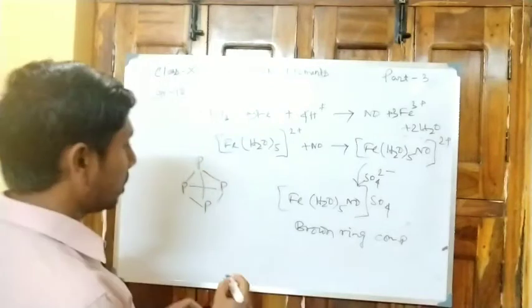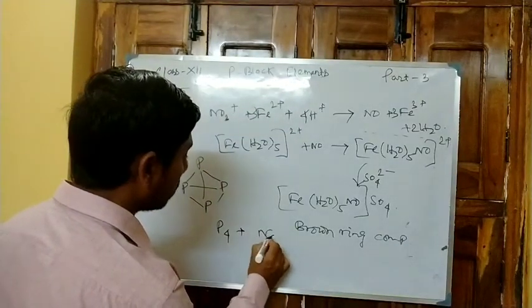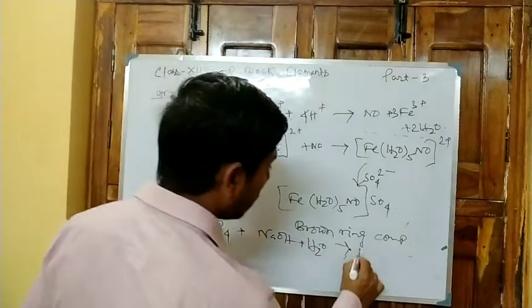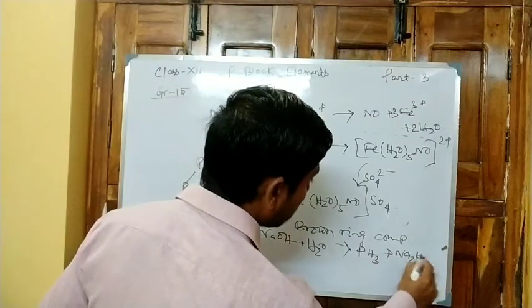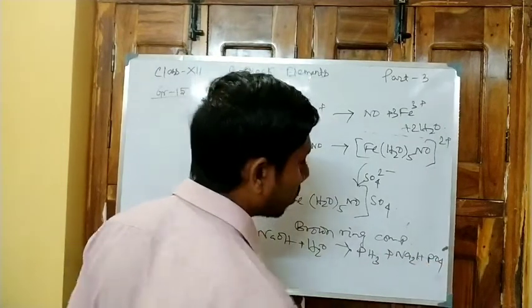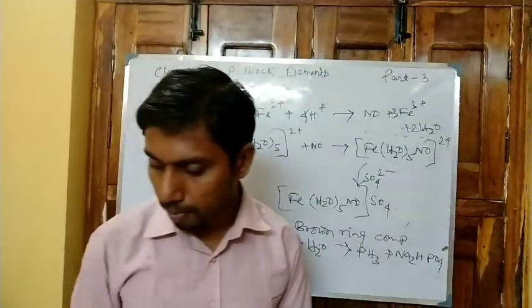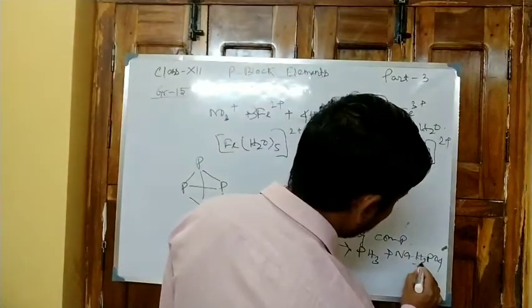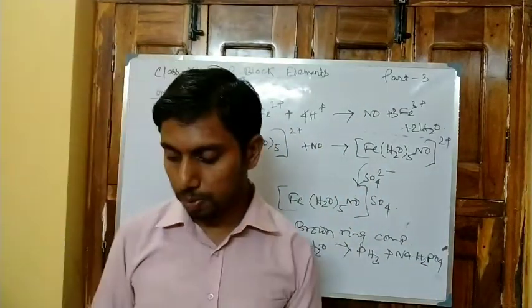So the reaction is phosphorus plus NaOH plus H2O forming PH3 plus Na2HPO4, or NaH2PO4. This is the preparation of phosphine.